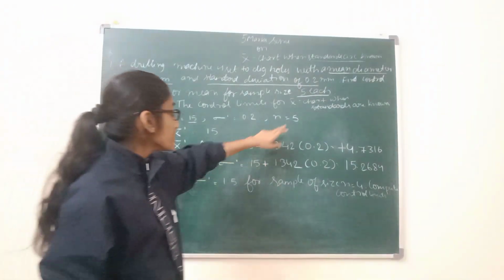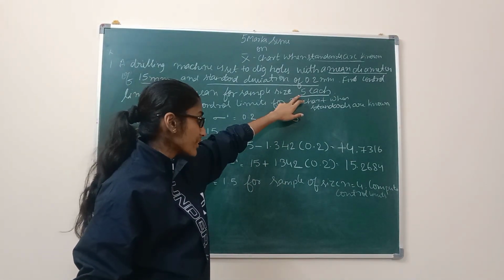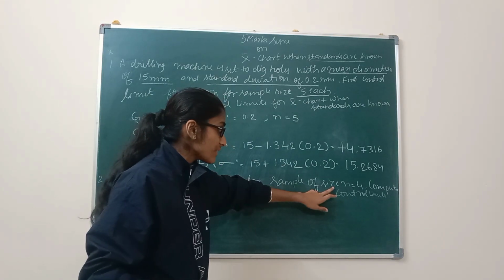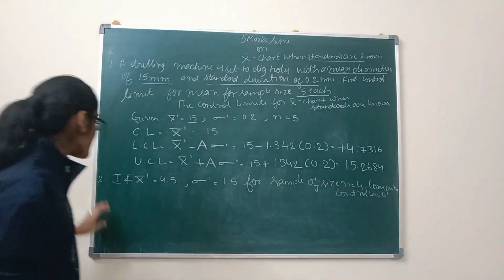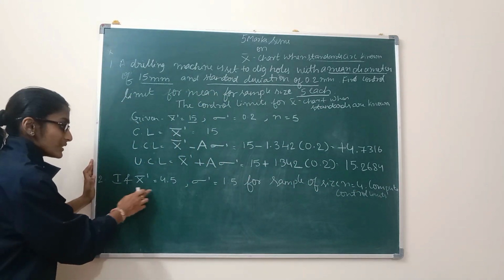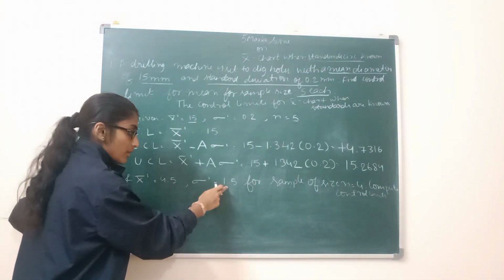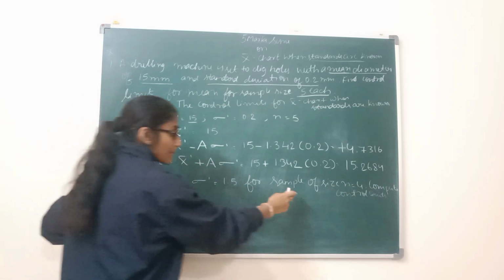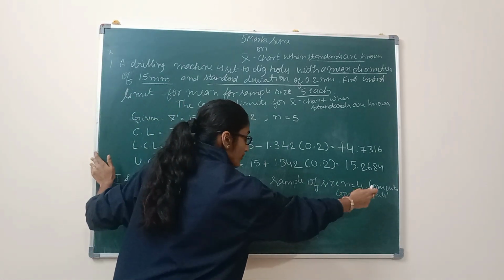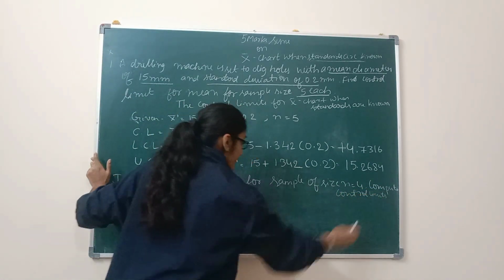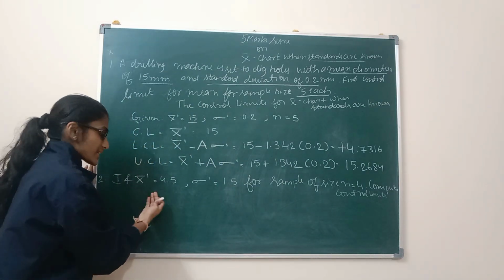Now in the previous question we had sample size 5, but here in the next question we have sample size 4. Now let us read the question. If X bar dash is equal to 4.5 and sigma dash is equal to 1.5, for sample size n is equal to 4, we are supposed to compute the control limits. So we know that it is X bar chart.